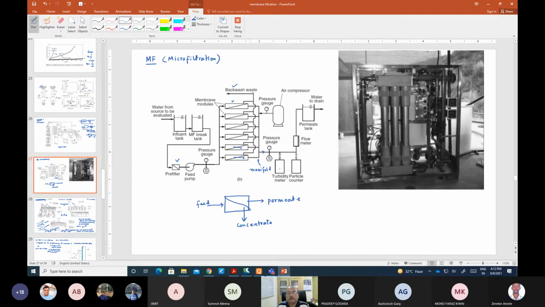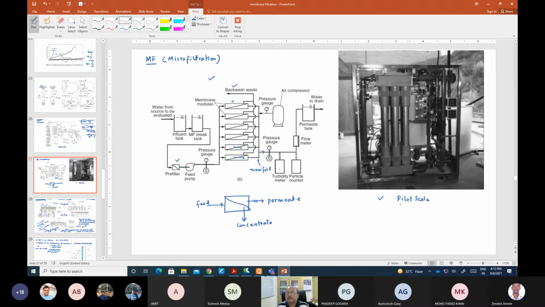Now when you backwash this, you actually close this right here and try to create a high pressure around this so that backwashing is possible. So this is the schematic diagram, and this is the skid mounted pilot scale study unit.